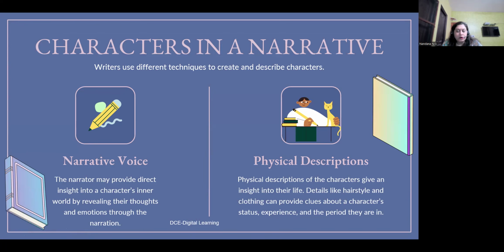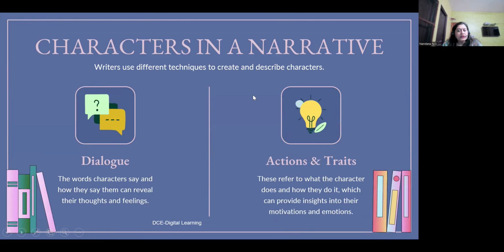Details like hairstyle and clothing can provide clues about a character's status, experience, and the period that they are in. Importance of dialogue: the words the characters say and how they say them can also reveal their thoughts and feelings. Actions and traits: these refer to what the character does and how they do it, which can provide insights into their motivations and emotions.